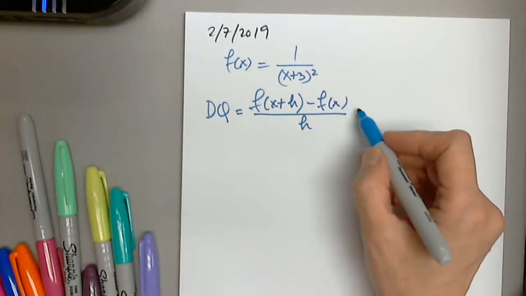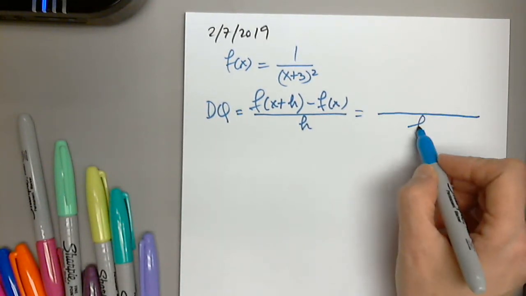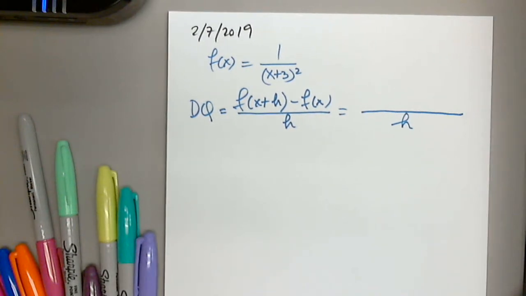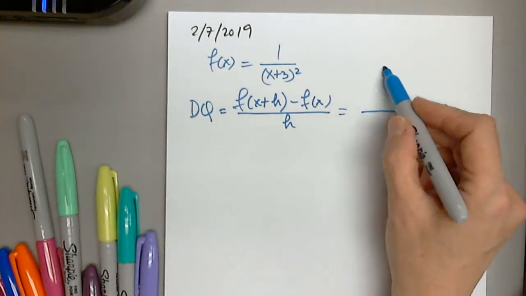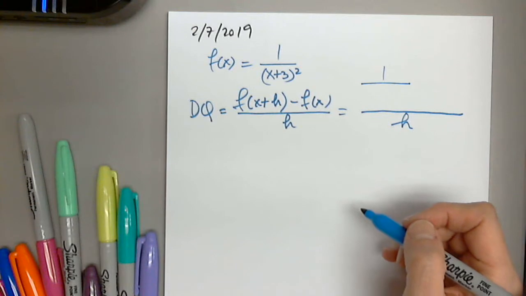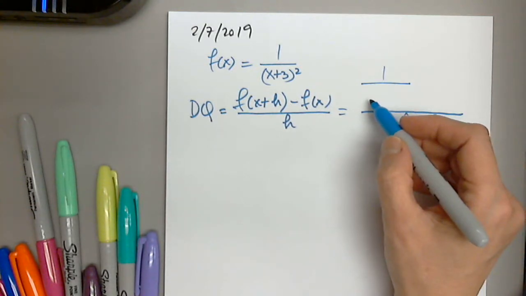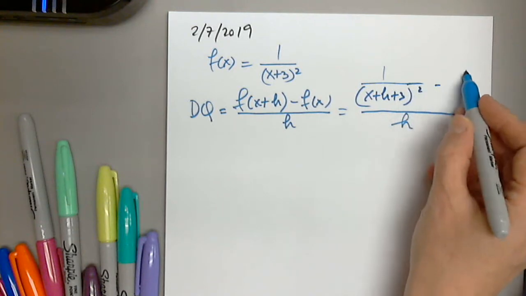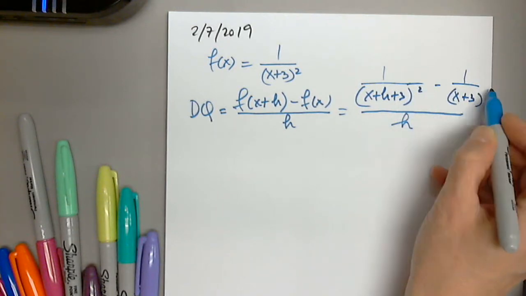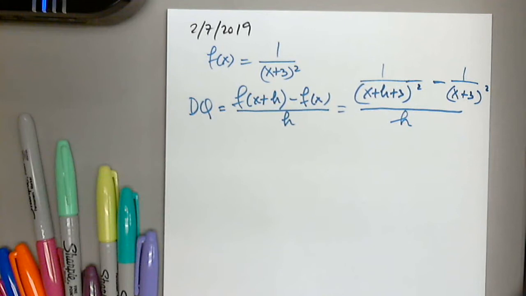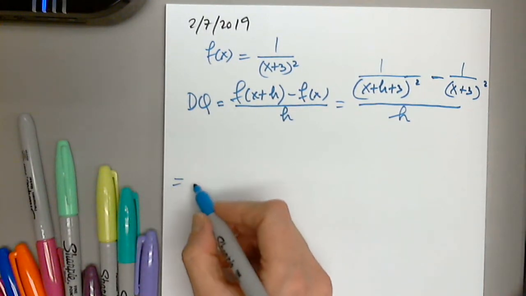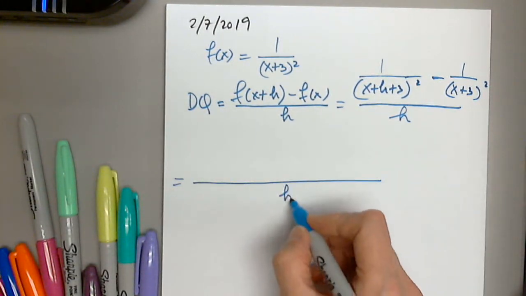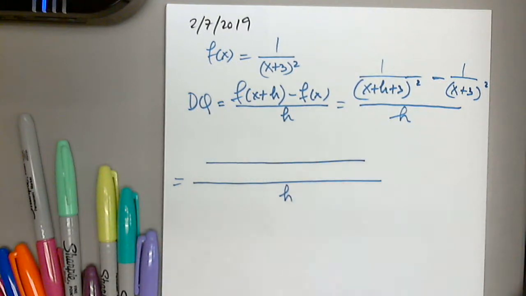So it means that f of x plus h is going to be 1 over x plus h plus 3 squared. Very good, thank you. And then minus 1 over x plus 3 squared. The next step must be what?